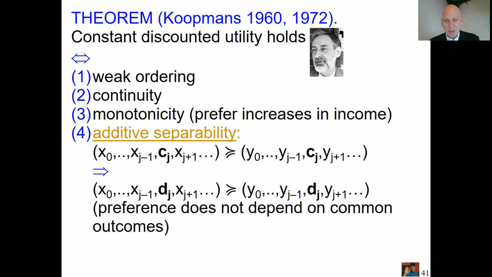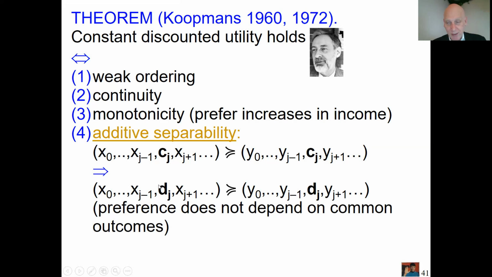Imagine that is your attitude. Then, because here you're ignoring what happens in time point j anyhow, you don't even look at this Cj. If we replace that common outcome Cj by another common outcome Dj, so then we get the lower line, then here in the lower decision, you do the same reasoning. You say time point j doesn't matter, so I ignore it.